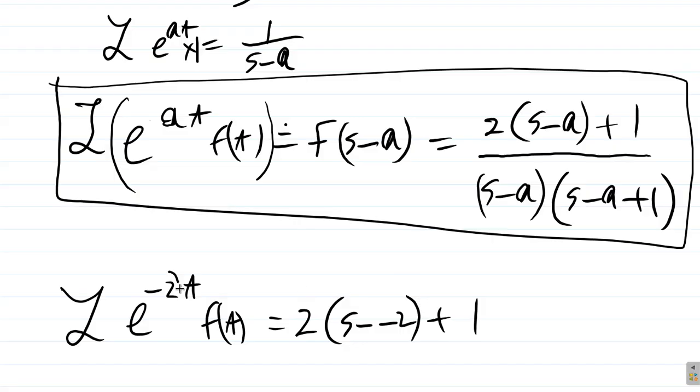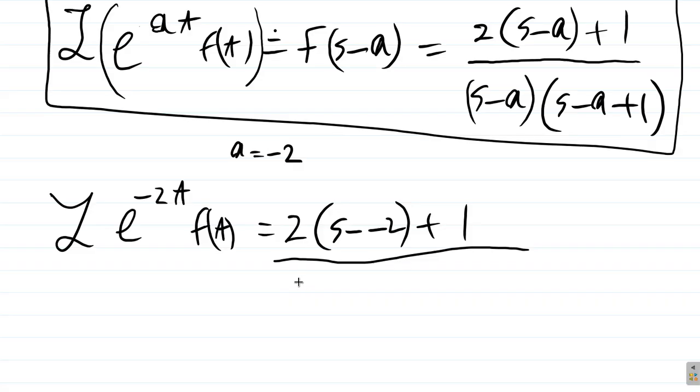In our case, a is negative 2. So here, plus 1 over, and then we have s minus a, which is negative 2, and this is (s minus a), which is negative 2, plus 1. Alright.